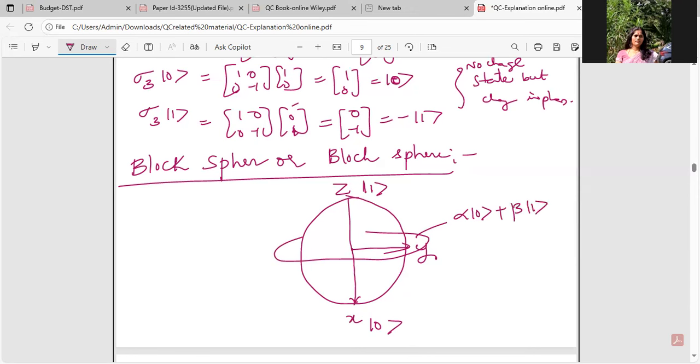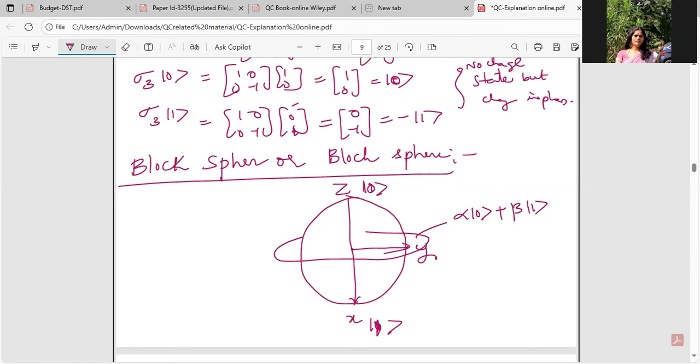The superposition principle, whatever I am considering, acts at the equator part. The North Pole corresponds to ket 0. South Pole corresponds to ket 1. The equator corresponds to the superposition principle. What exactly is this? A Bloch sphere.